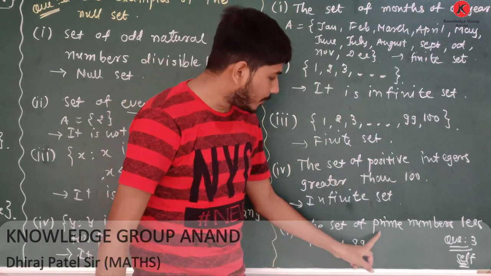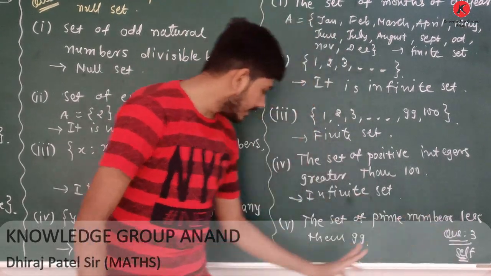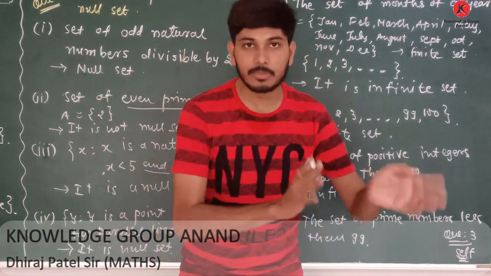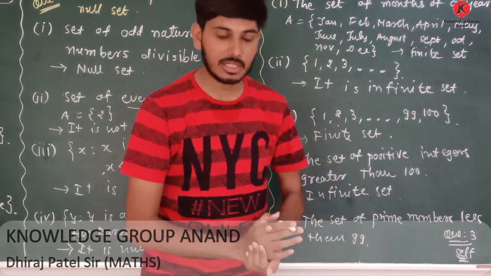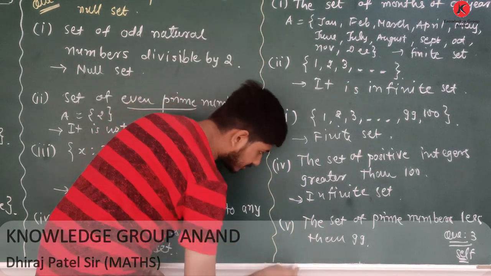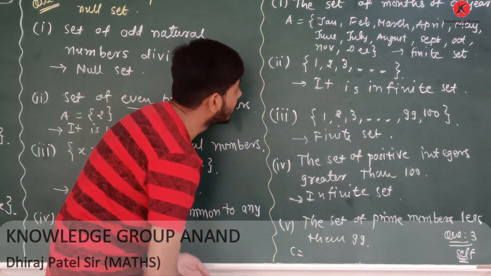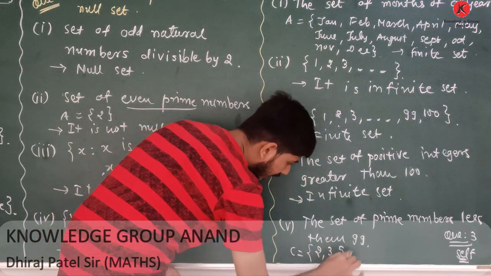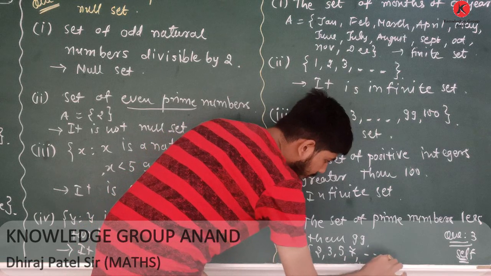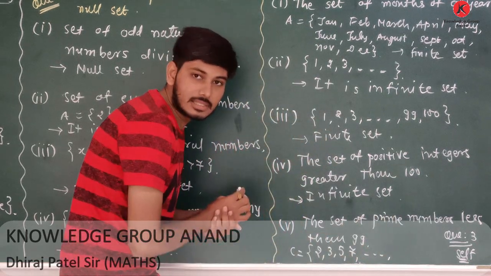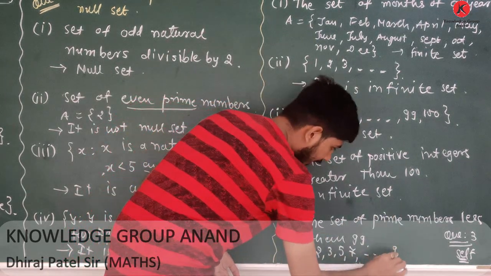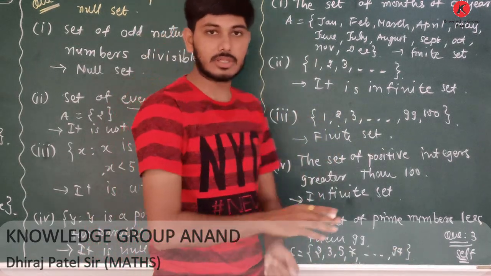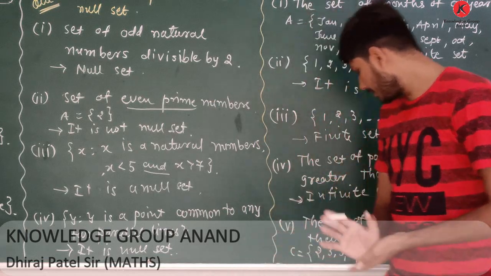The set of prime numbers less than 99. We can write this set. I am naming this set C equals 2, 3, 5, 7 up to the last prime number, which is 97.